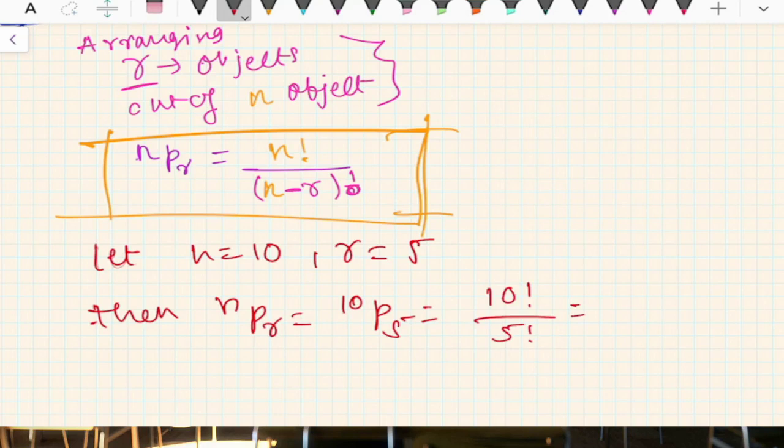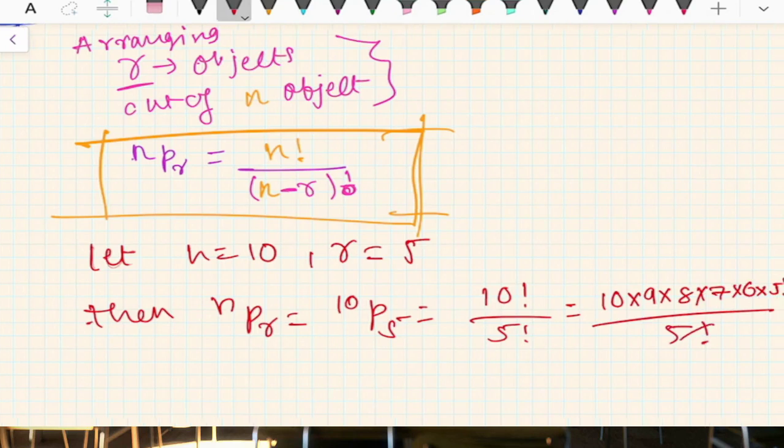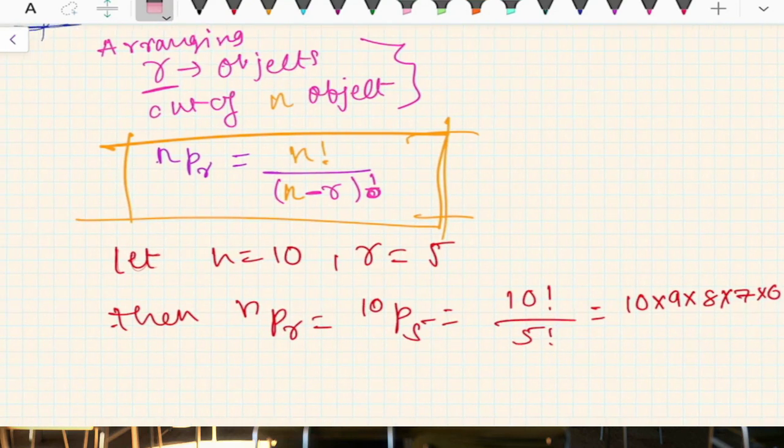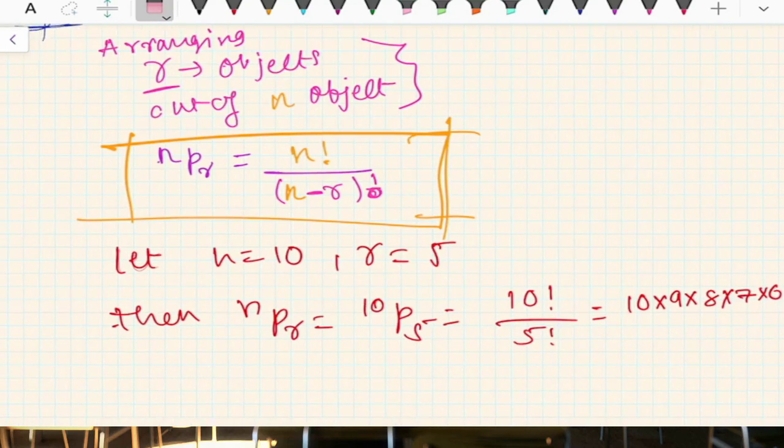That is what we have done in the previous video. It is 10 into 9 into 8 into 7 into 6 into 5 factorial divided by 5 factorial, and this 5 factorial and this 5 factorial get cancelled. So I'm just left with 10 into 9 into 8 into 7 into 6.